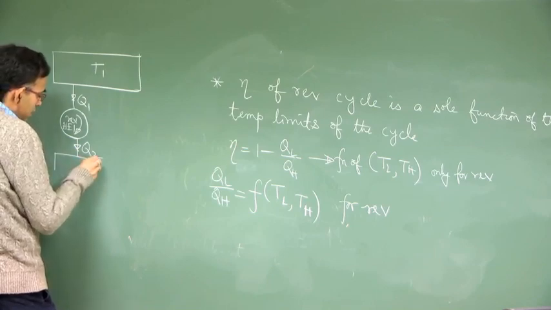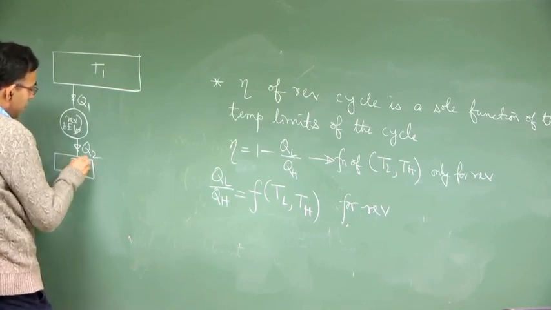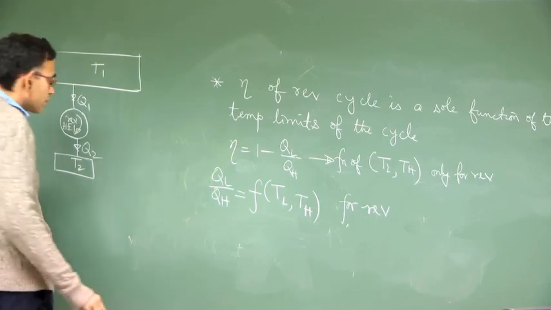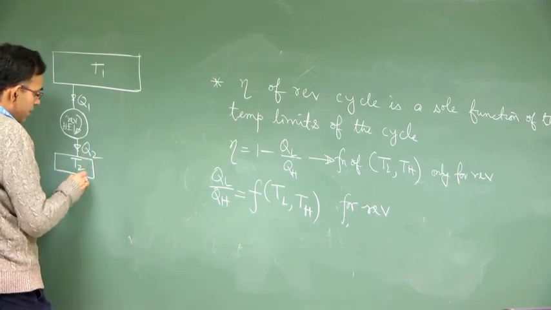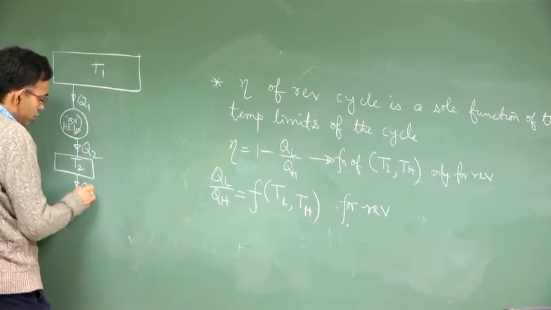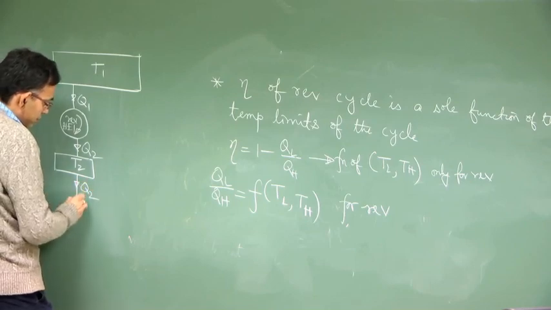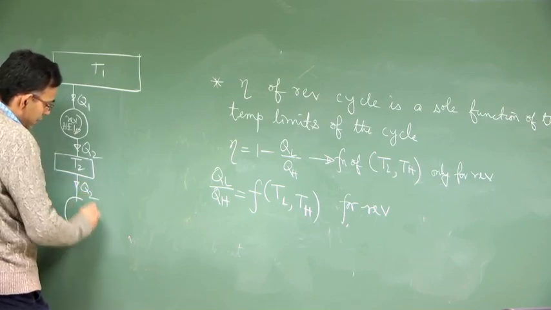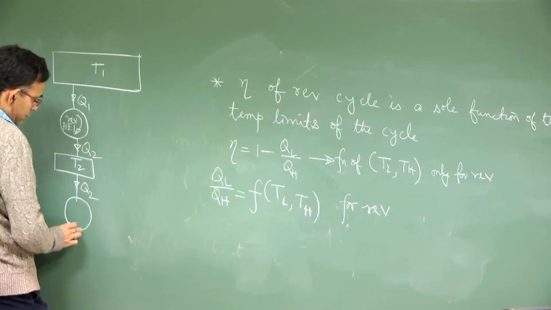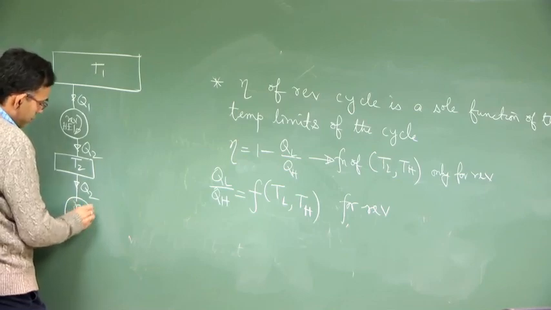There is a thermal reservoir at temperature T2, again the same heat Q2 is drawn from here. There is a heat engine, reversible heat engine 2.